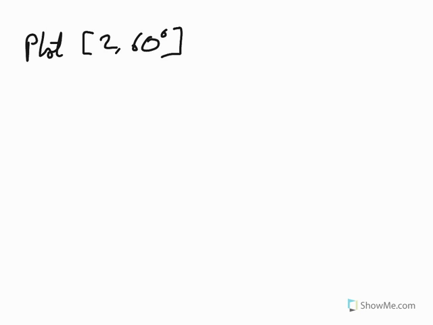So if we want to plot that, there's another one I'm going to do too, -3, 2 pi on 3. Okay, so the angle can be in degrees or in radians.